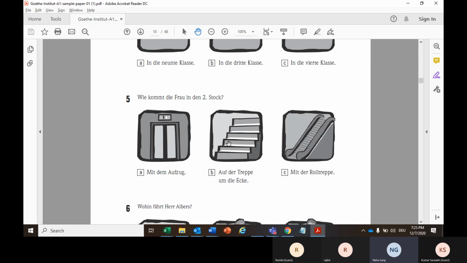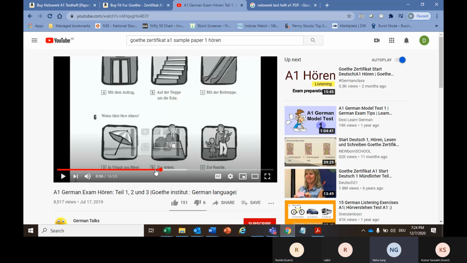The female was saying, how can I go to the second floor? Die Rolltreppe ist kaputt. So this escalator basically isn't working, and the other person advised her to take the Aufzug, the lift, in the corner. Take right, and then in the corner you will find the Aufzug. You want me to play this again? Yeah, play this again.